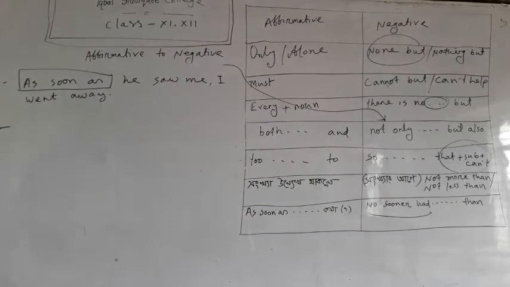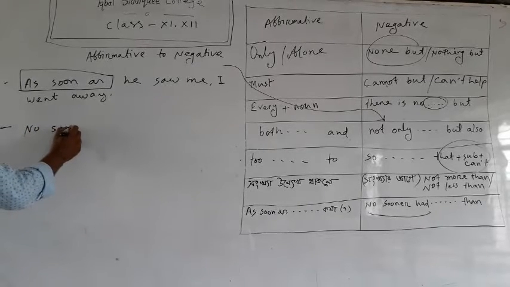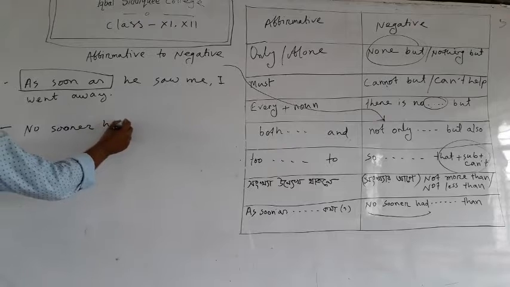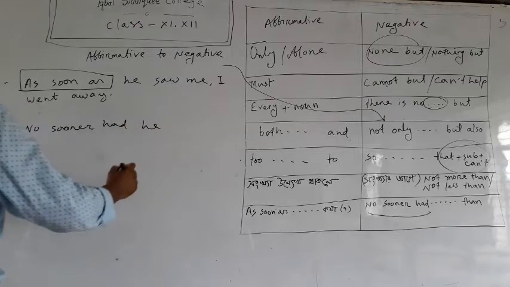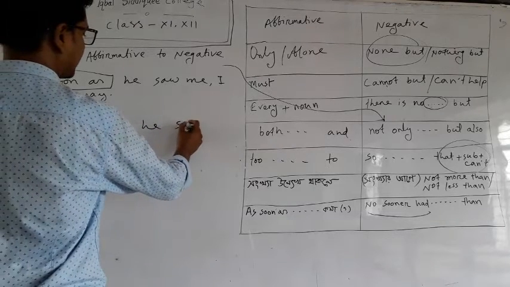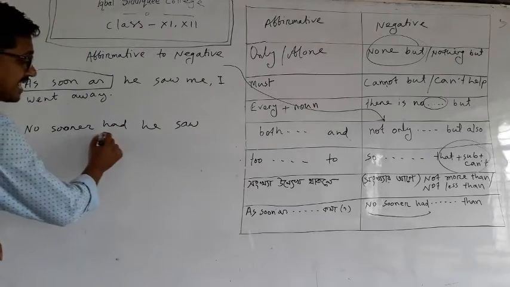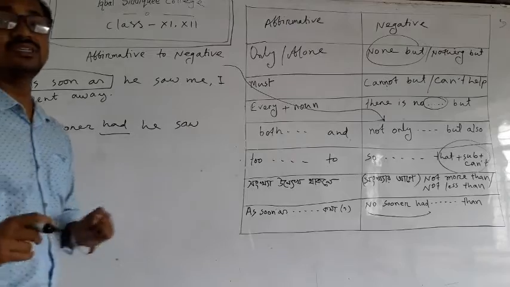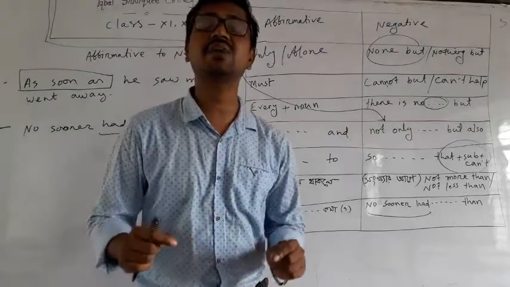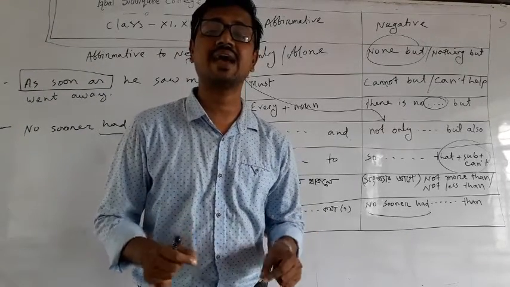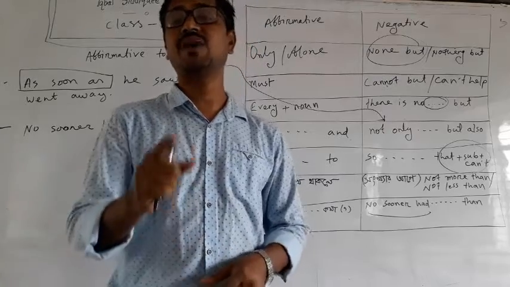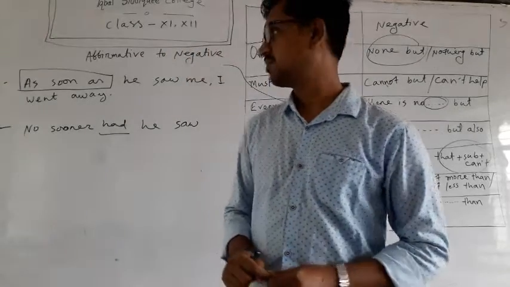So let's make it negative. "No sooner had" will be replaced. No sooner had he saw. Look at this sentence, students. Here we got a new word, "had". And you know from basic grammar that after "had" you have to use the past participle of the main verb.